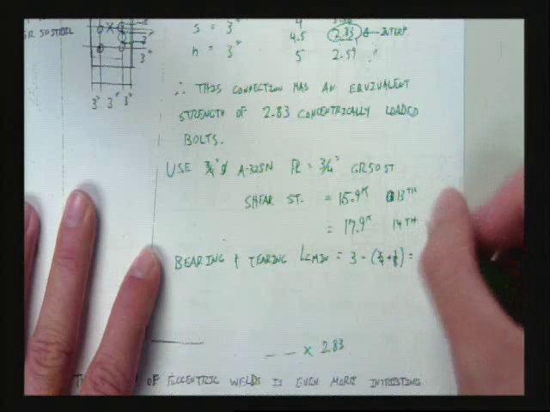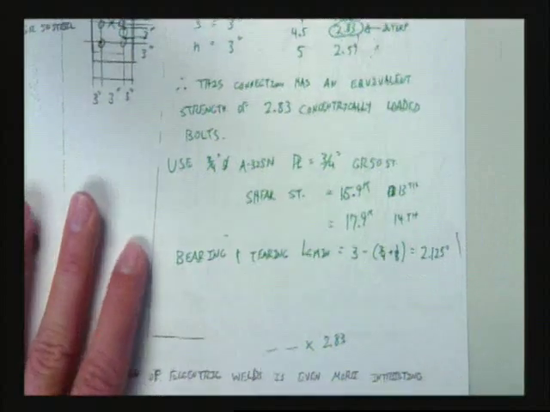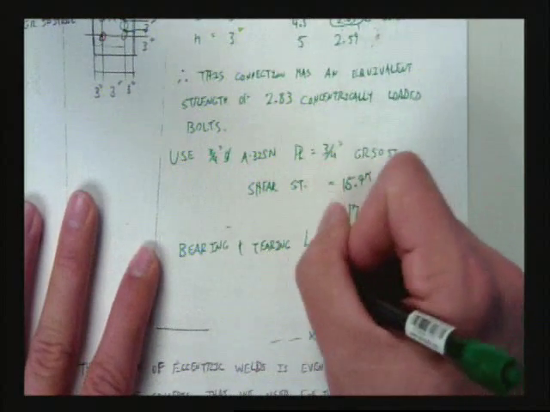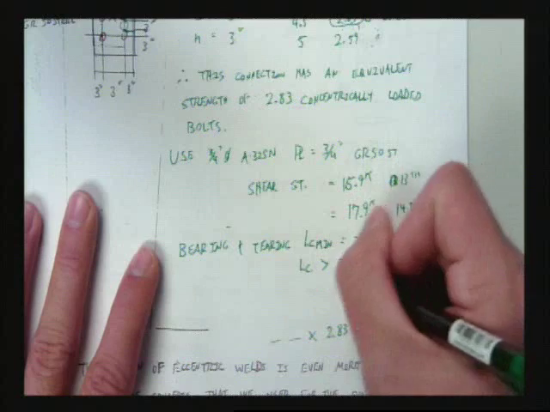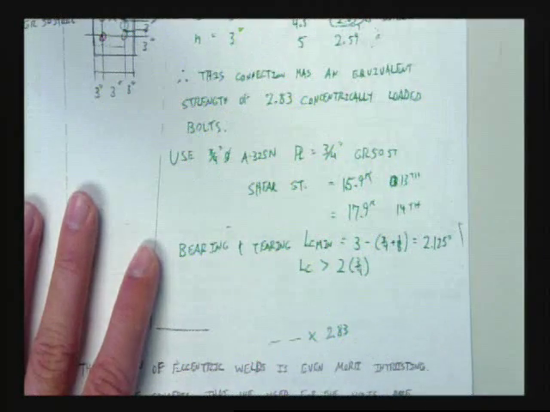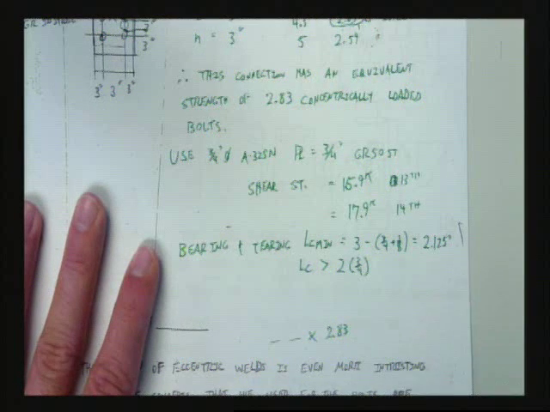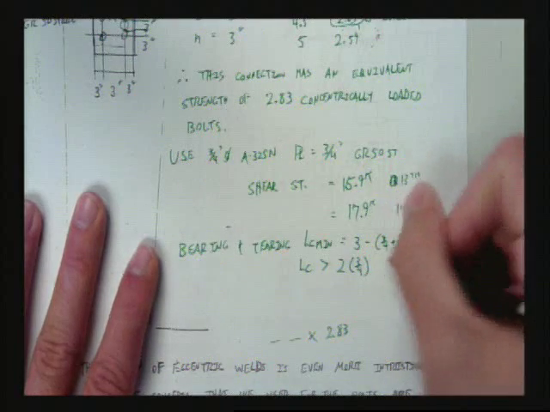We're going to find that that's equal to 2.125 inches. And L sub C is greater than 2 times 3/4 of an inch. So what's going to control? Who remembers? Bearing. Very good. Bearing controls.